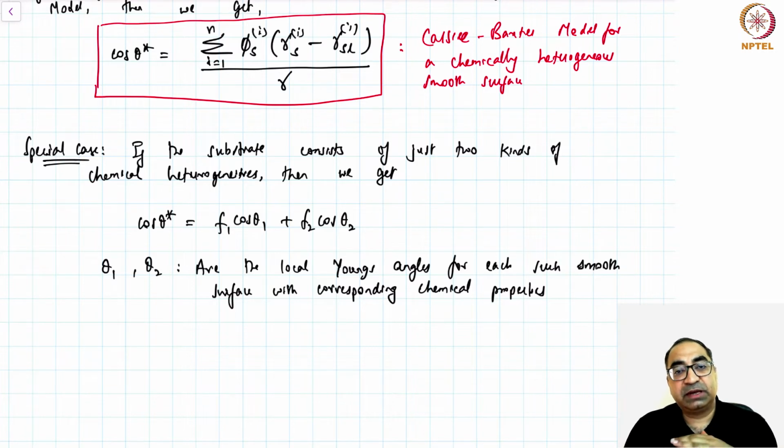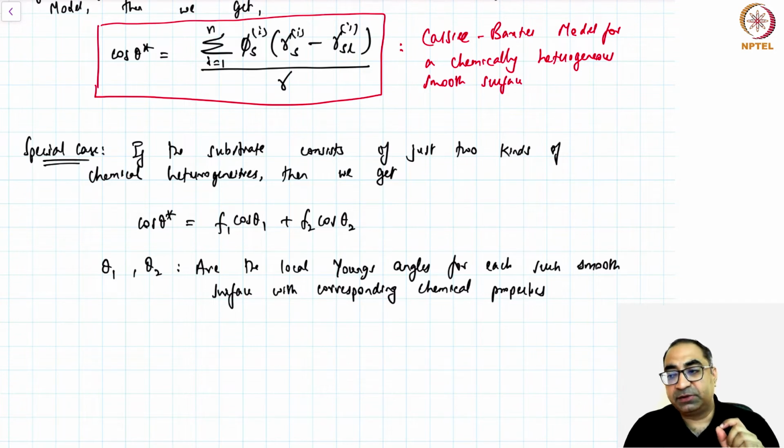Now what we have is a smooth surface but different chemical properties on the surface, and these different chemical properties lead to a complex interface angle at the wall, and that's the apparent contact angle that we can determine once we know what percentage of the surface is covered with these treated regions and what percentage is untreated.